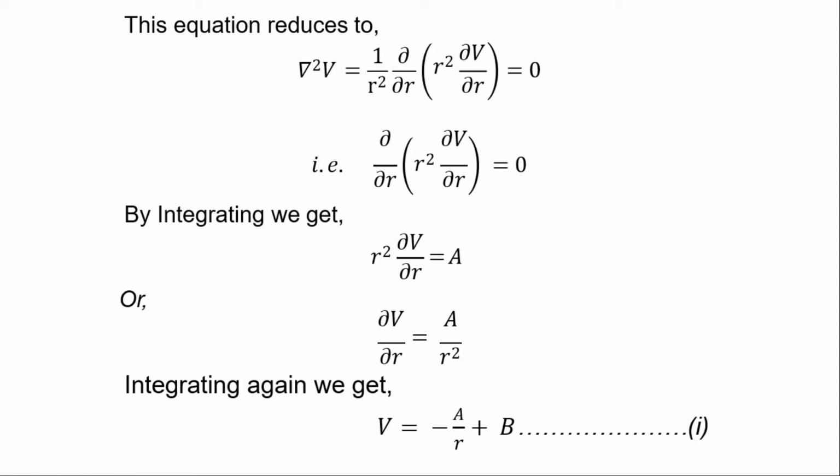So 1 by r square del by del r of r square del V by del r is equal to 0. If we solve it, then finally we get r square del V by del r equal to A. If r square del V by del r is equal to A, then by doing integration we get V equal to minus A by r plus B. This is simply mathematics, there is no physics.